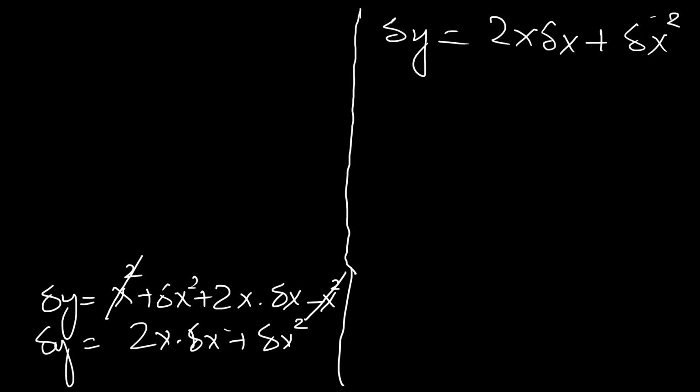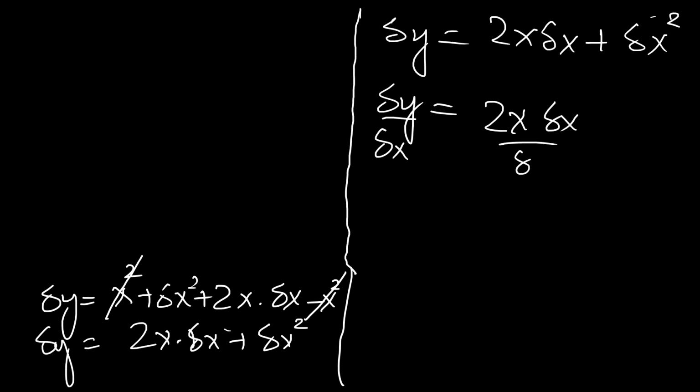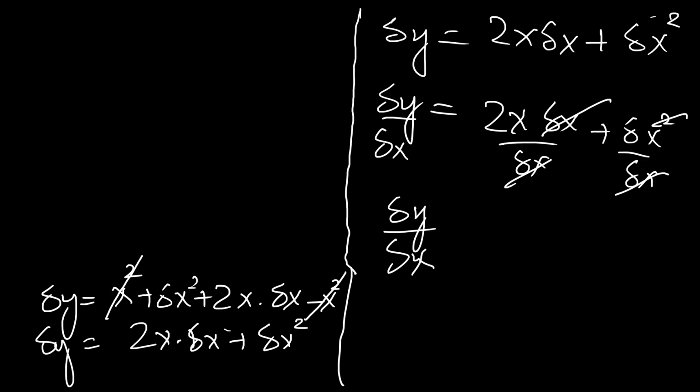Okay, so dividing both sides by partial x will give us 2x partial x divided by partial x plus partial x square divided by partial x. Okay, this will cancel out, and this will leave us partial x. So it will become partial y by partial x is equal to 2x plus partial x.